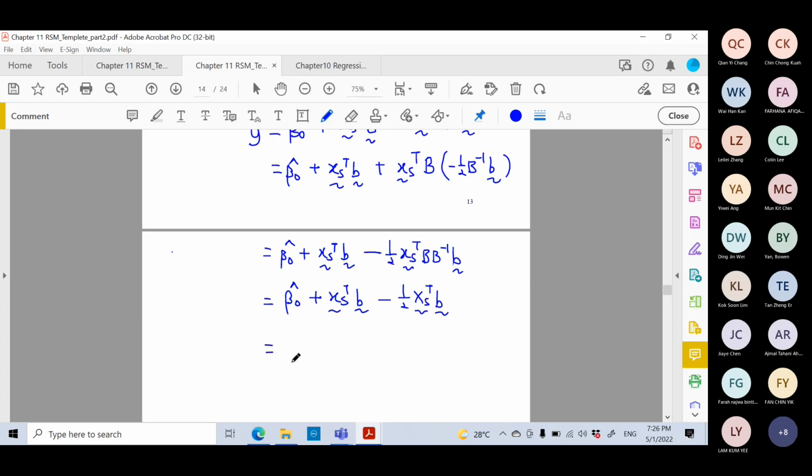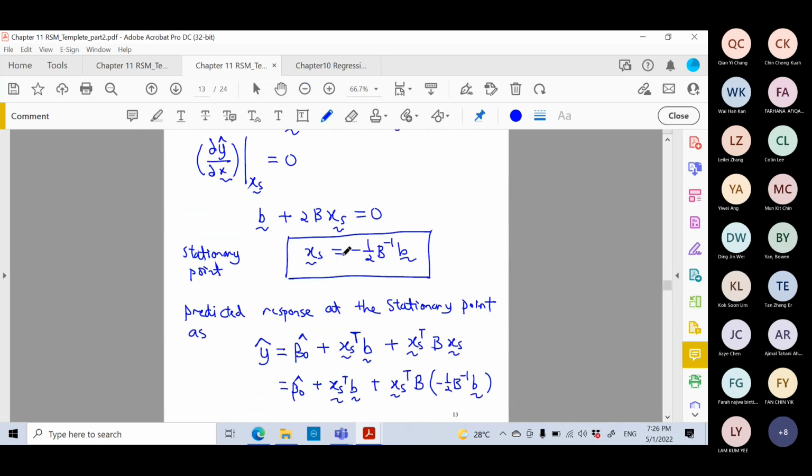So finally, you get your fitted value equal to the half of the, so this one is your final answer for the fitted value.